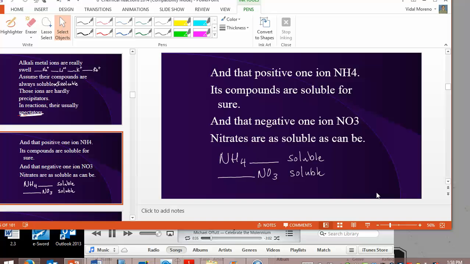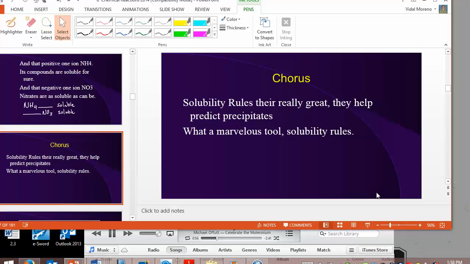And that positive one ion NH4, its compounds are soluble for sure. And that negative one ion NO3, nitrates are as soluble as can be. Solubility rules, they're really great. They help predict precipitates.